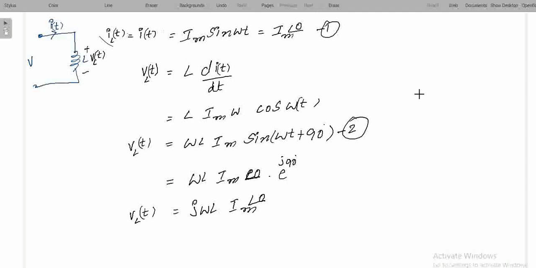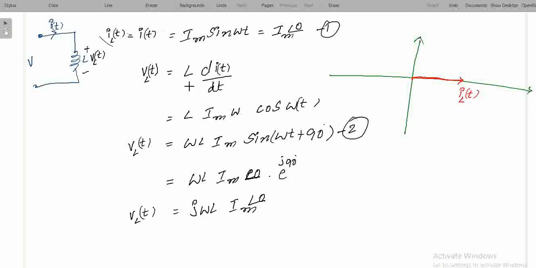If I draw a phasor diagram for this one, IL of t is equal to Im into sin omega t. Here you have sin omega t, Im. Let us draw a phasor for this one. So this is your IL of t.